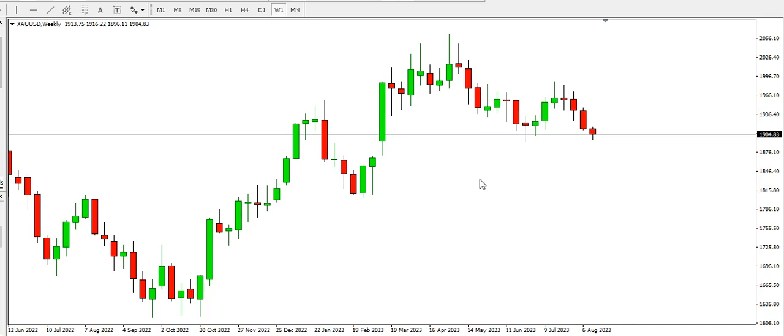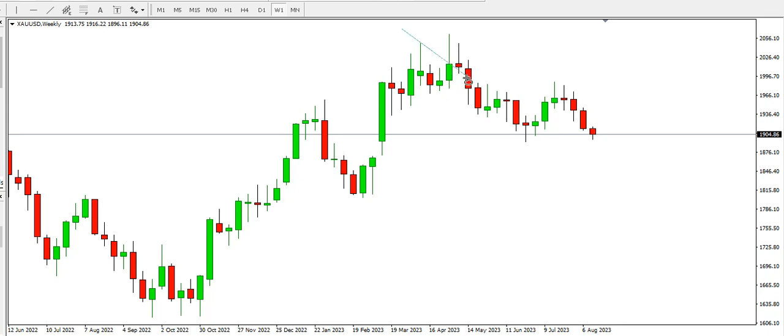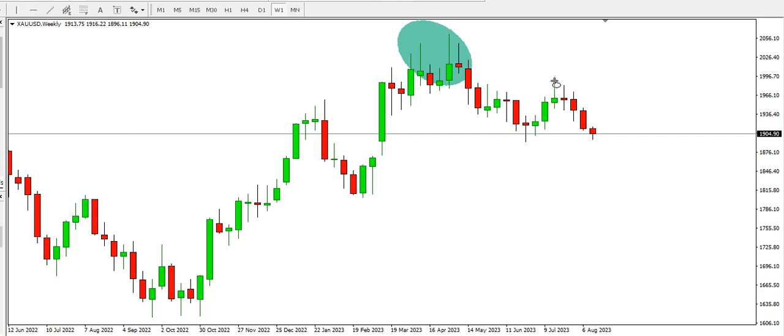What I can see for gold on the weekly time frame is a double top. This is the first top, and this is the second top.